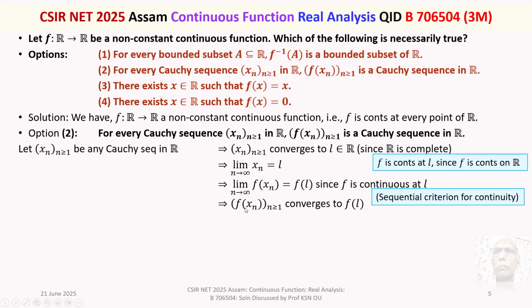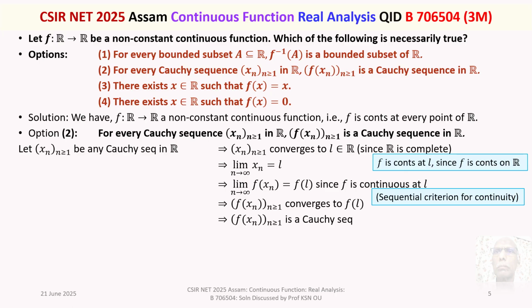And this is happening again in R. It converges to f of L. Therefore, it is a Cauchy sequence. In R, Cauchy implies and is implied by convergent. So, it converges to f of L. This implies f of xn is a Cauchy sequence.